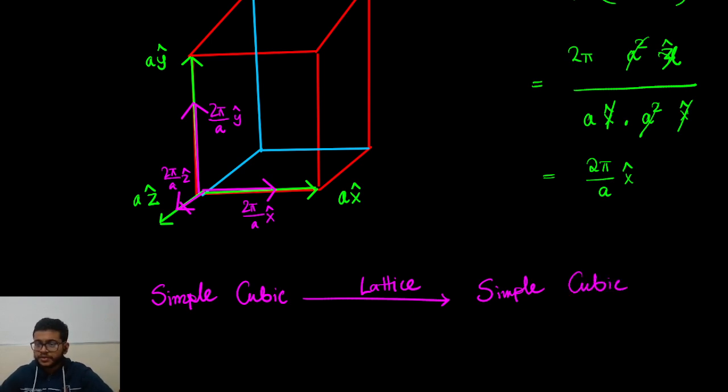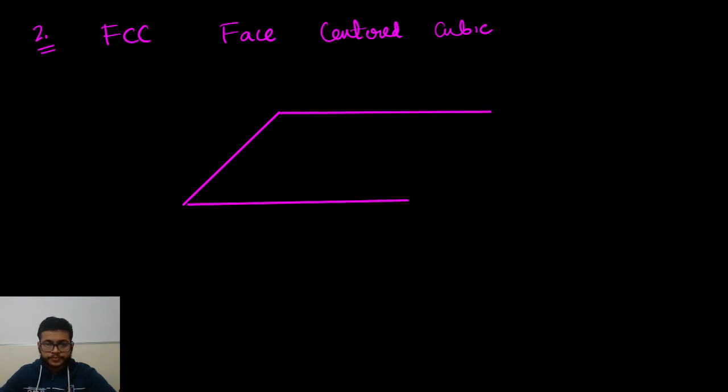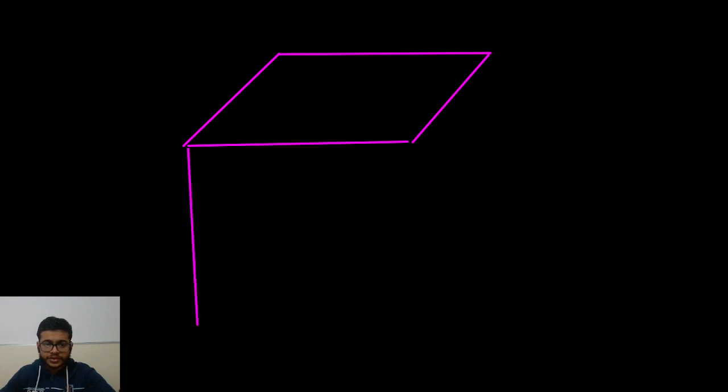So pretty easy. Now we will move to more complicated systems, which are FCC and BCC. FCC, face centered cubic. So what is face centered cubic? So there's a cube.